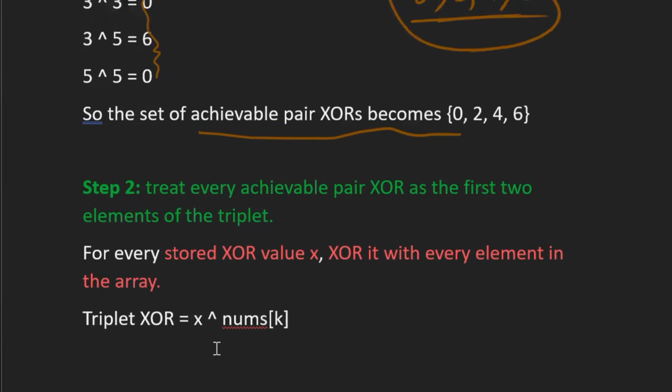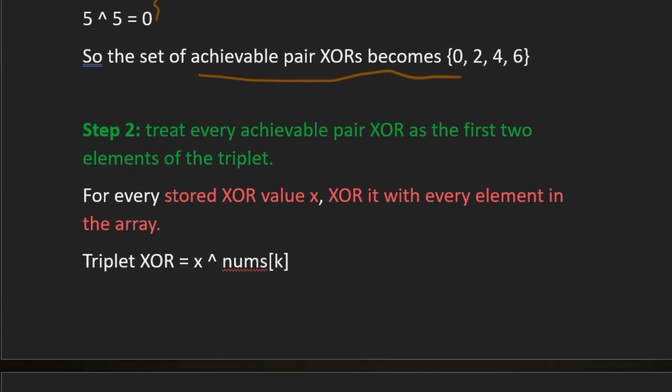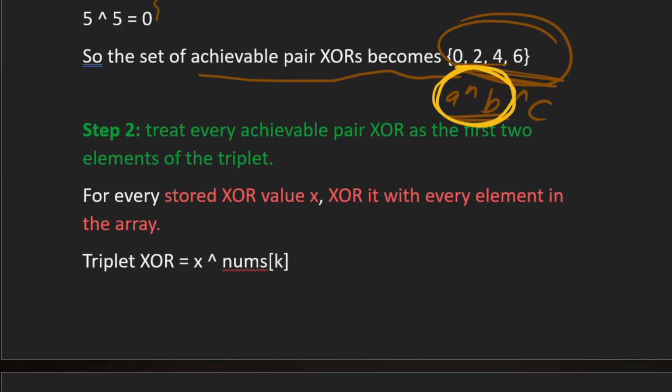Now next, we'll treat every achievable XOR value as the first two elements, and as we know we have to make a triplet, we already have this answer stored over here. Now we'll take the third element from the array and XOR with all these elements, right?